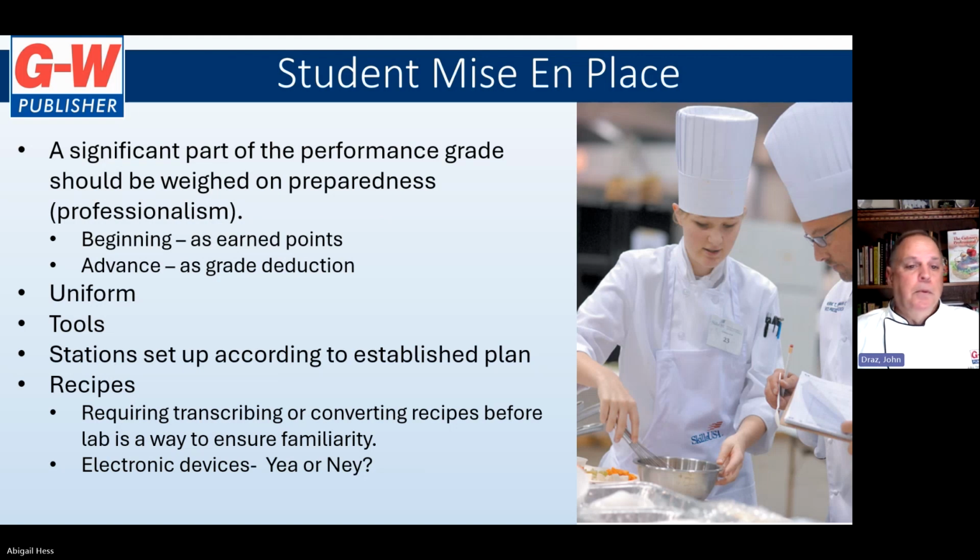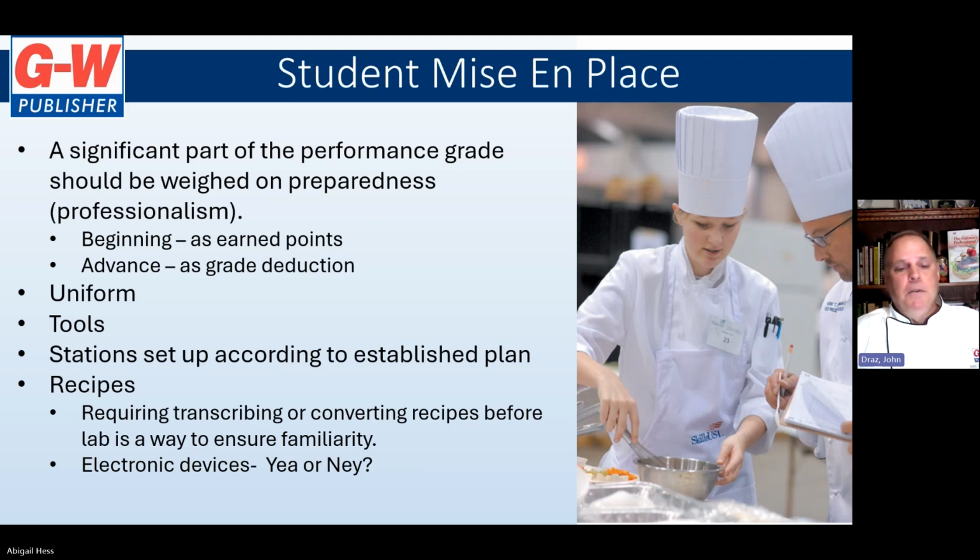Do you have the right tools, the tools that you're responsible for? This is professional preparedness. Is your uniform clean? Is it in order? Do you have all the parts of it? Do you have 2 side towels? Do you have an apron? Whatever your policy for your uniform and your program is, that should be part of the student mise en place.